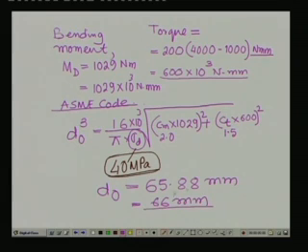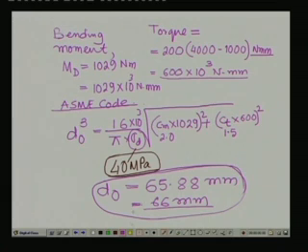Because if we look at the standard sizes of the shaft, this should be 66 mm, which specifies a standardized value. So, we are confident that this value of D0 is coming out to be 66 mm.